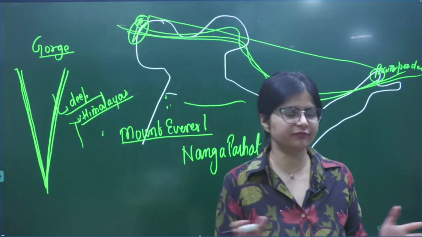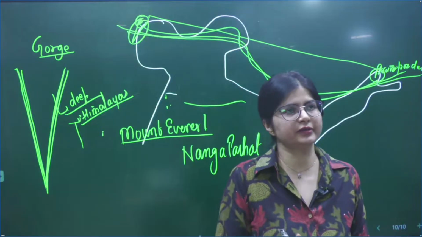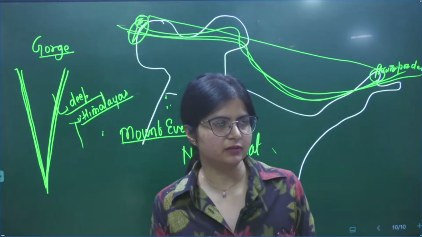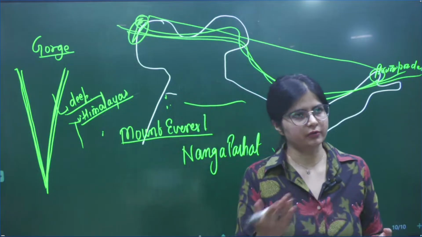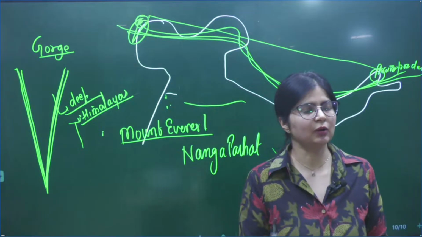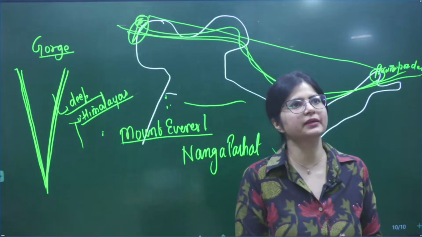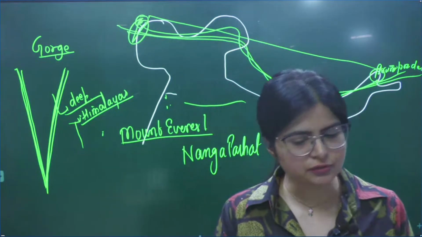You should have a rough figure of what range they would be lying in. For example, for Great Himalayas, 6,000 meter is an average height. For the Shivaliks, basically the outer Himalayas, it is 900 to 1100. For the middle Himalaya, it is 3,000 to 4,500. So the range you should do.